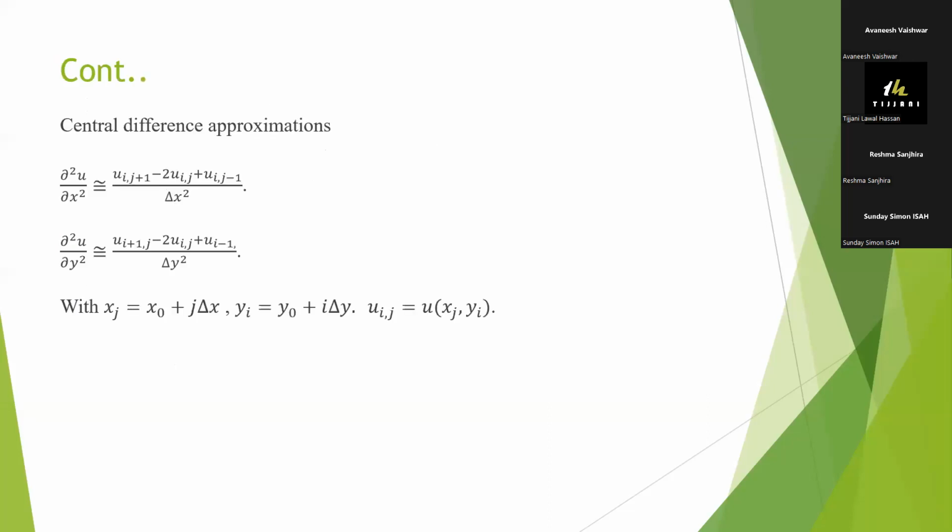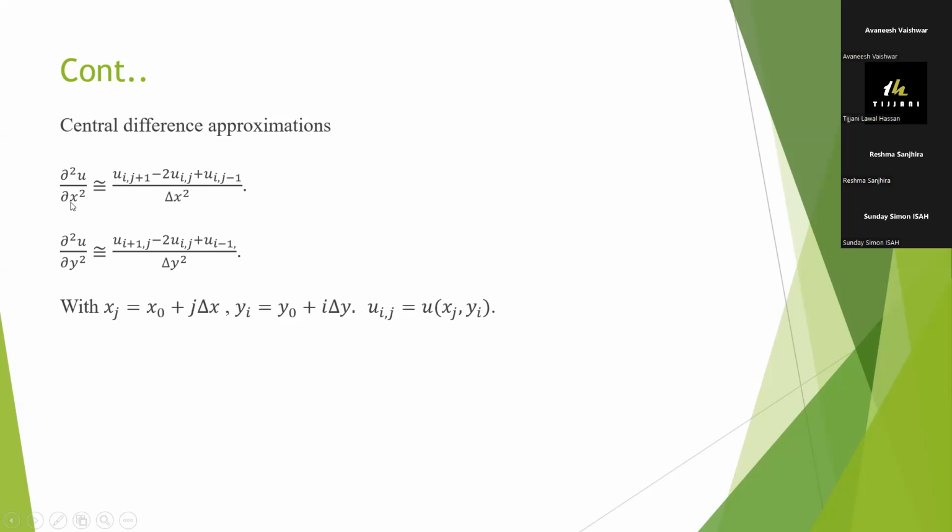And this is the central difference approximation. If we want to approximate a second order partial derivative, we can use the central difference approximation formula: ∂²u/∂x² = (u(i,j+1) − 2u(i,j) + u(i,j−1))/Δx².